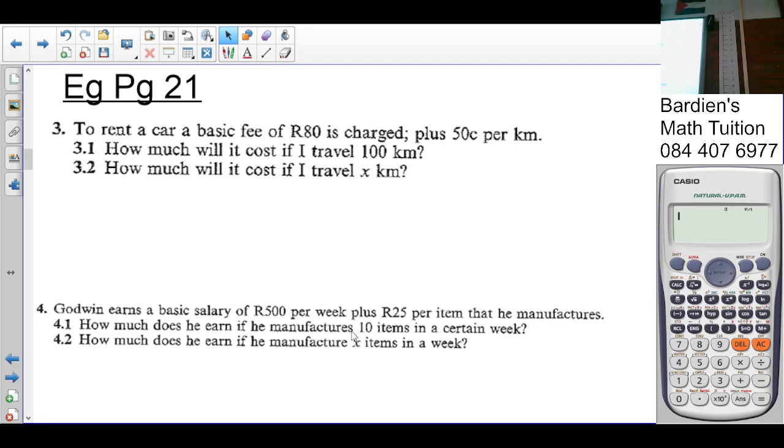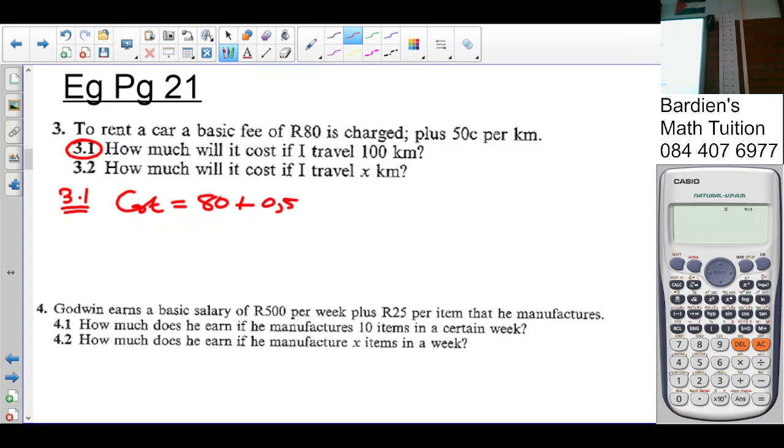In 3.1 they want to know how much will it cost if I travel 100 kilometers. So the cost is equal to 80 Rand plus 0.5 times, why 0.5 and not 50? It's half a Rand.